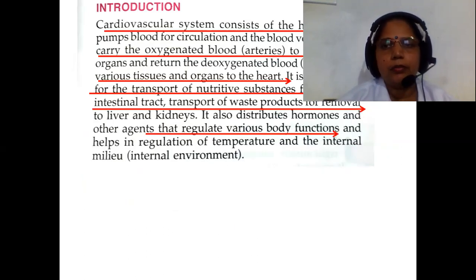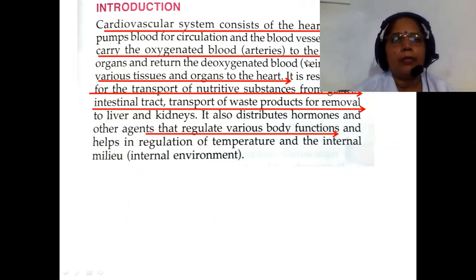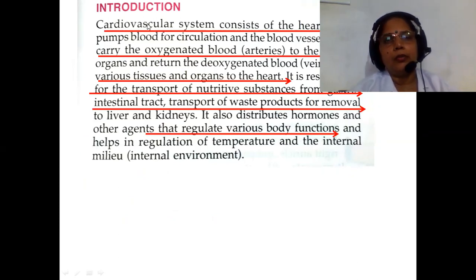Before the circulation of the blood, we'll discuss the introduction to the cardiovascular system. The cardiovascular system consists basically of the heart, which pumps the blood for circulation, and blood vessels, which carry the blood. Cardio means related to the heart, vascular means related to the blood vessels.